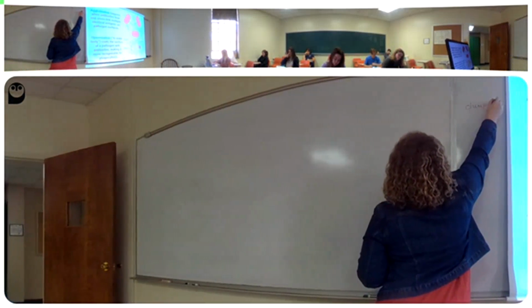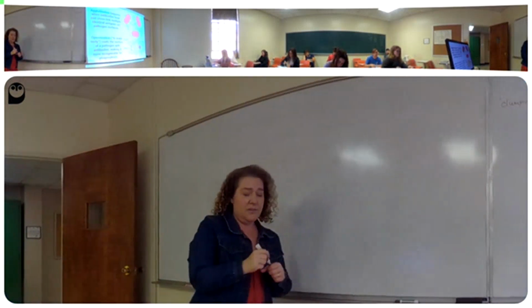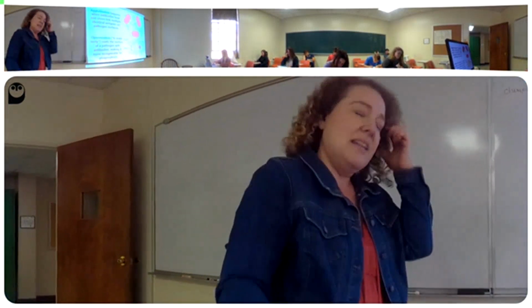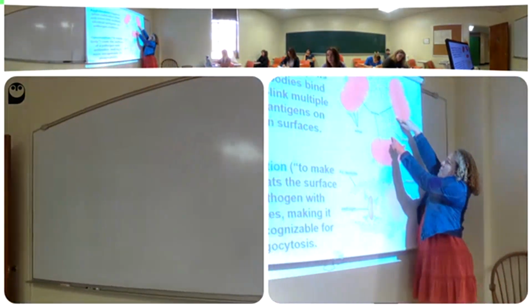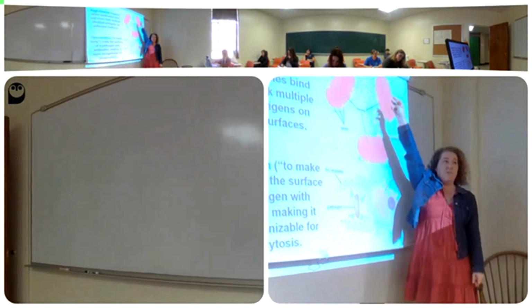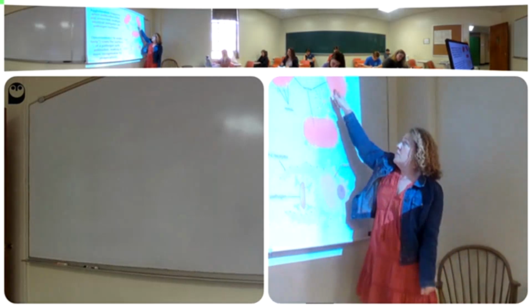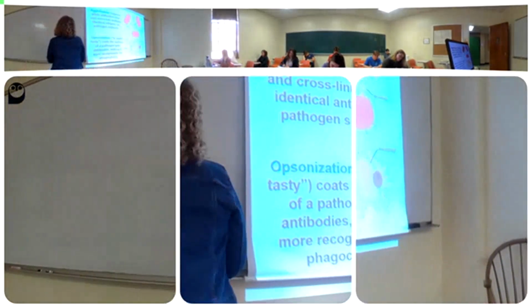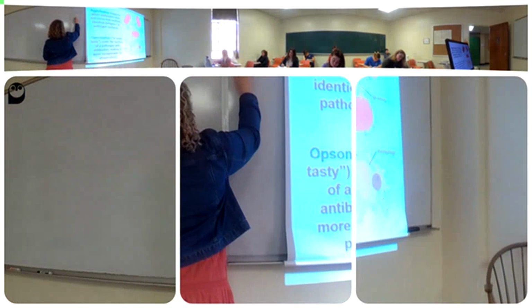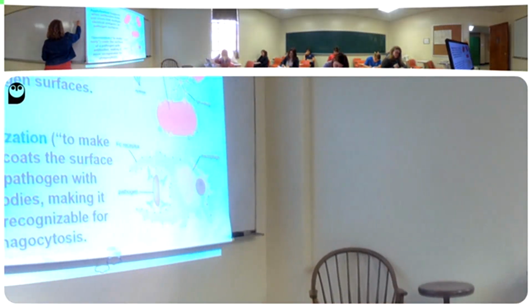Agglutination is like clumping, and agglutination depends on an antibody having multiple places where it could grab with one side, it could grab something else with the other side. Clumping different pathogens together and preventing them from moving. So this clumping action can prevent pathogen movement.